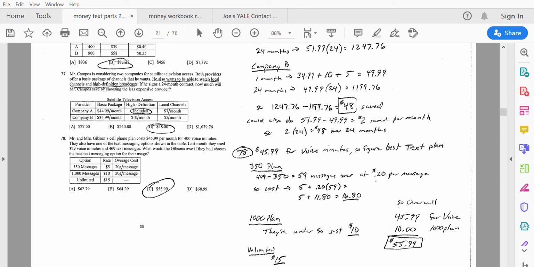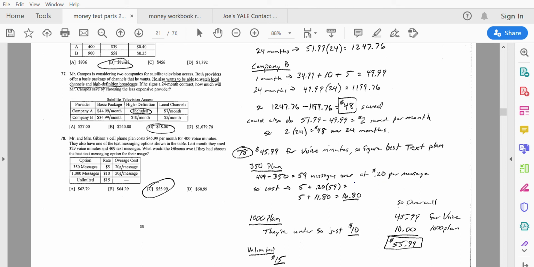So they would pay just $10 for this. And then there's an unlimited plan, where you can use as many as you want. You can go over 1,000. You can go 2,000. You can go 3,000 messages, and you pay $15. But they're not coming anywhere near that. So the cheapest one for them at $10 is the 1,000 plan.